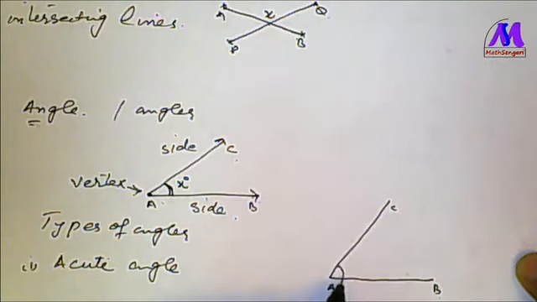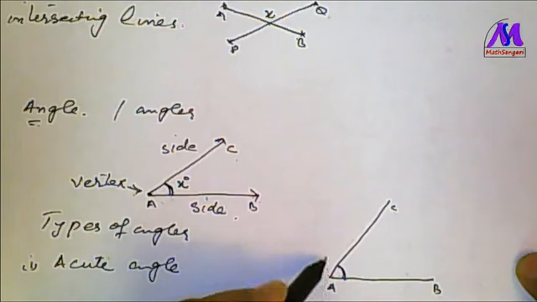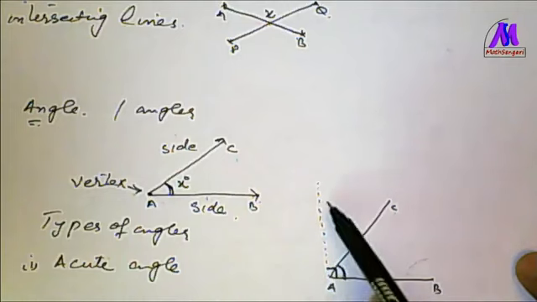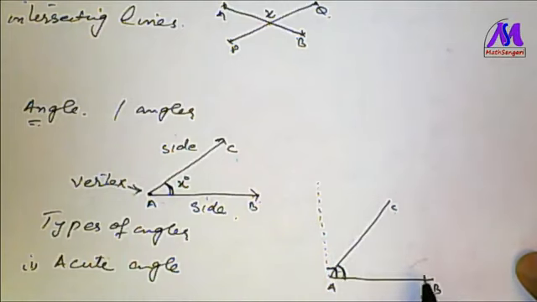Then such a type of angle is called an acute angle. Why? Because it's less than 90. Here suppose it's an angle of 90 degrees. So look here, it's less than 90 degrees. Maybe it's here, maybe there. So don't worry, it's just less than 90.